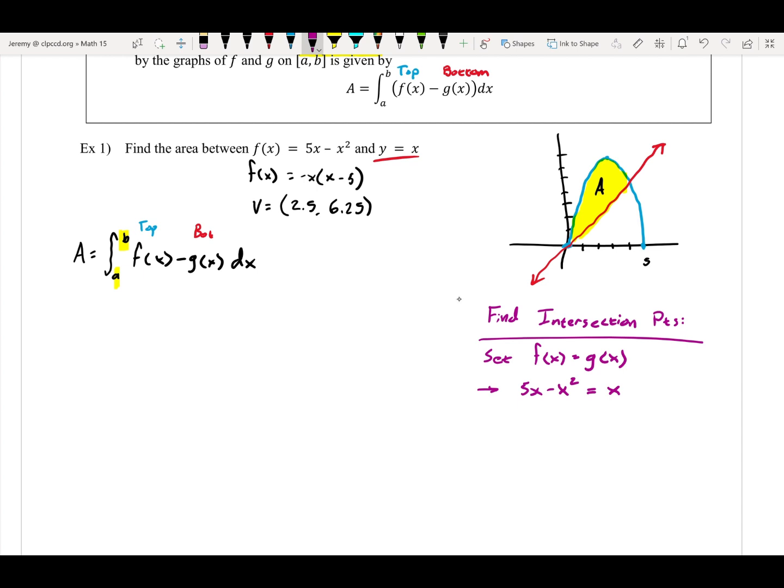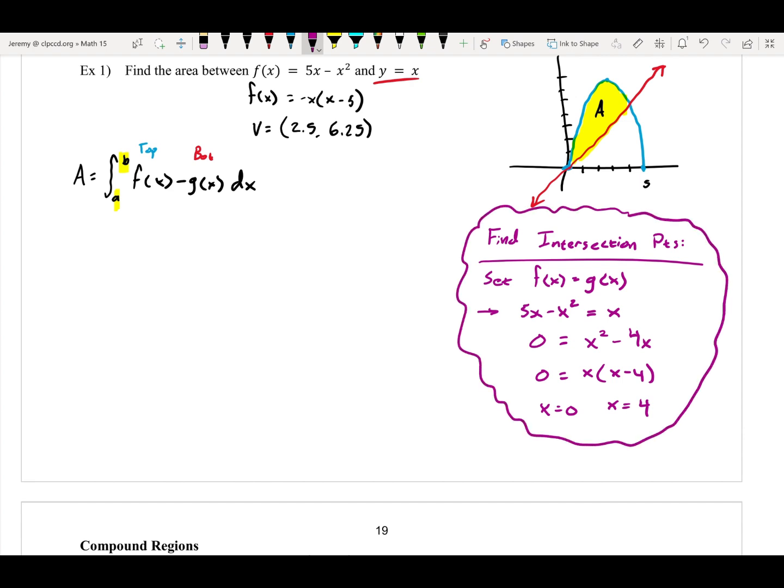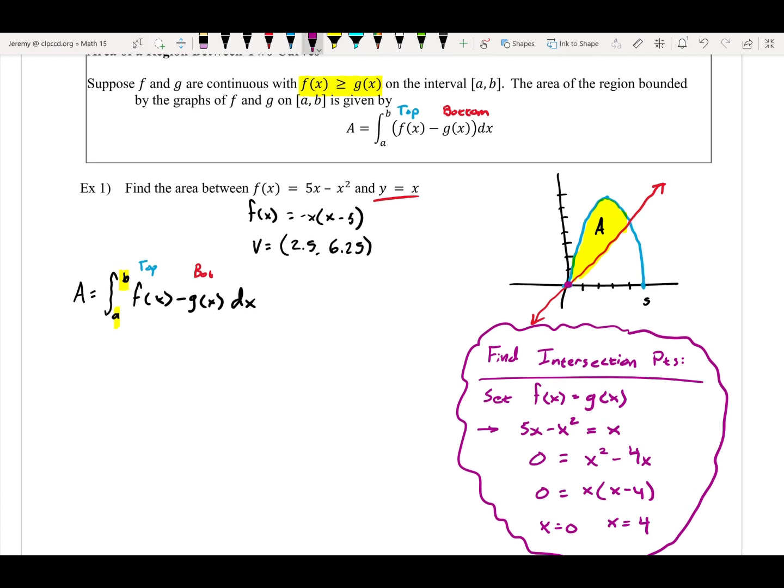And solving this, I might get 0 on this side of the equation, add x squared to both sides, subtract 5x from both sides, so I get x squared minus 4x. Solving by factoring, I'll pull out an x. And I see that my two solutions to this equation are x equals 0 and x equals 4. All right, so what that tells me is that my intersection points are right here at x equals 0.